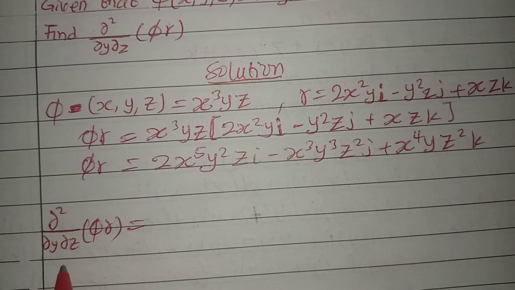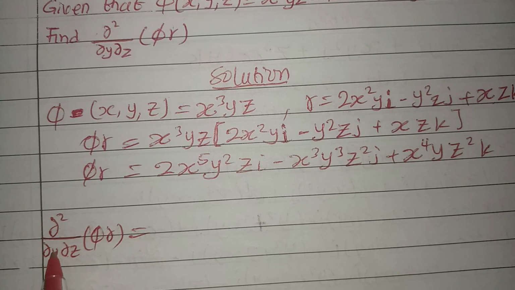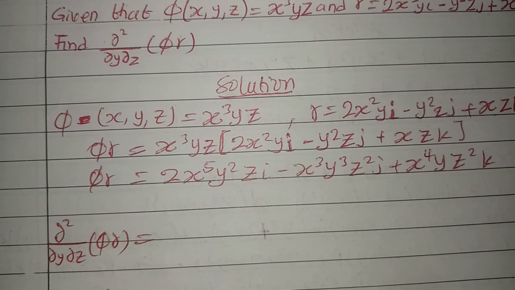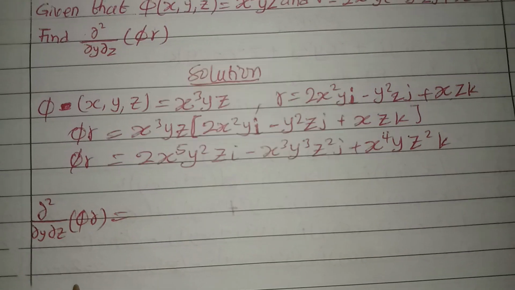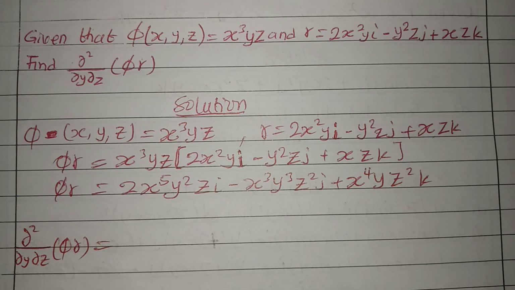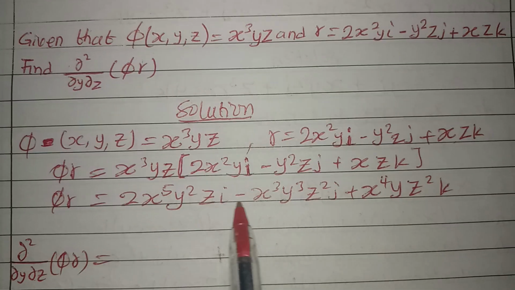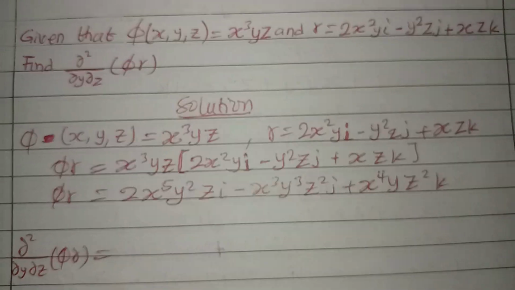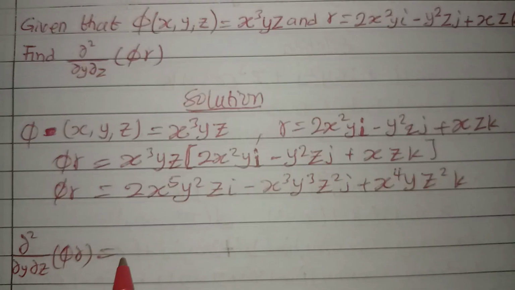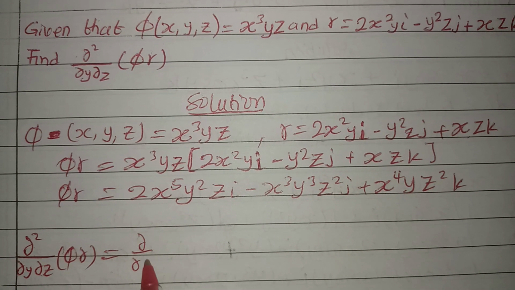That will be a partial derivative of that. Whenever you have this symbol, we call it del, and it's simply the partial derivative of that particular function you are dealing with. So here we are going to differentiate this partially with respect to z.